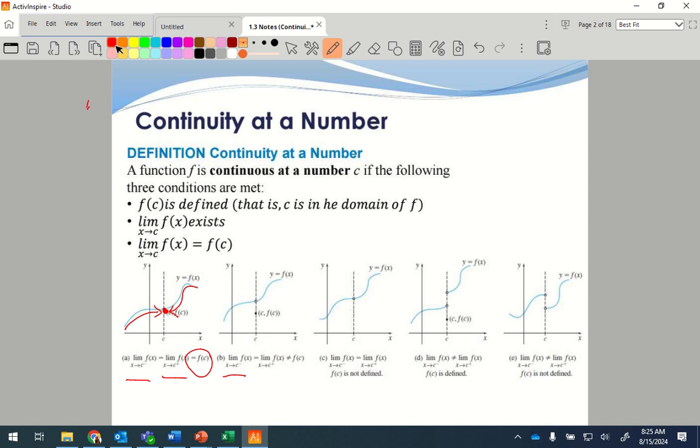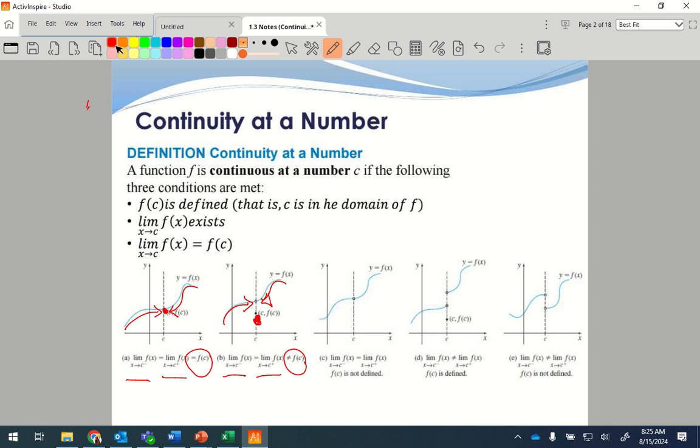Left side equal to the right side, it's not equal to F of C. F of C is way down here. That's a perfect example of that. It's almost like I'm giving you the notes that I gave you to print out.